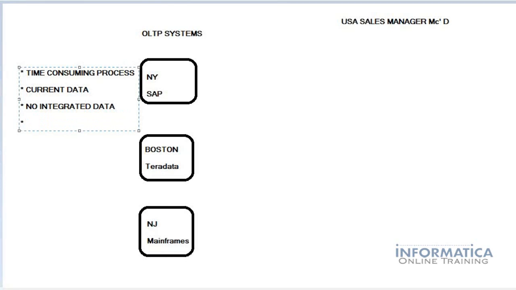And different patterns are followed in each OLTP system. For example, when you speak about the gender attribute, the standard followed here is M/F, male and female, and the standard followed here is 1/0.